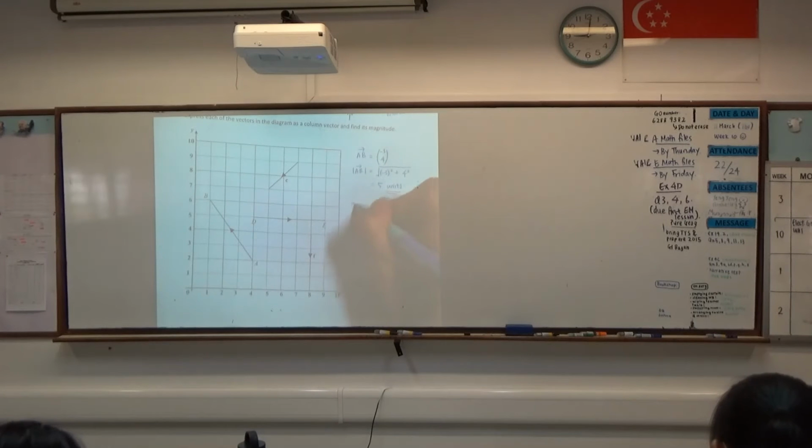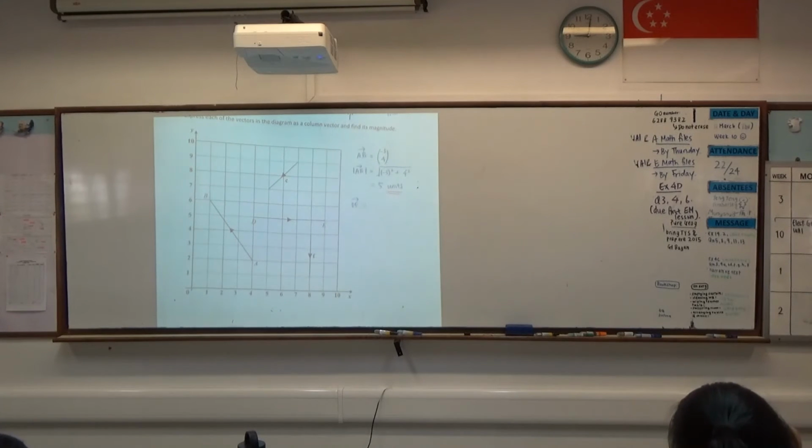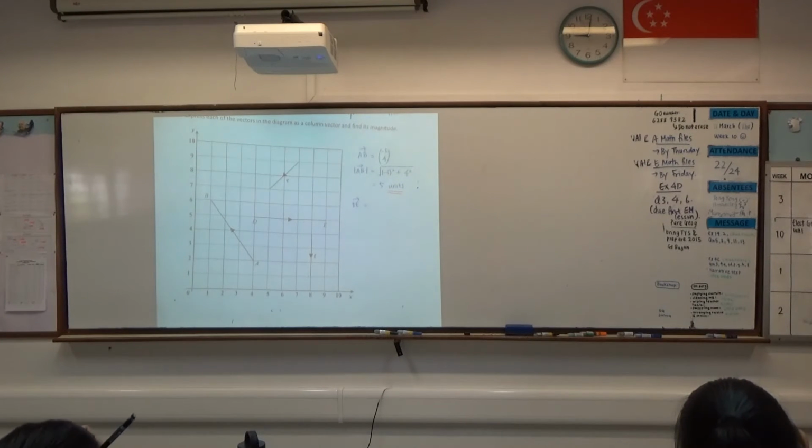Then for DE, what do you think DE will be in terms of its column vector? Kelly, what do you think? DE. 5, 0. Okay. So it is a horizontal line.